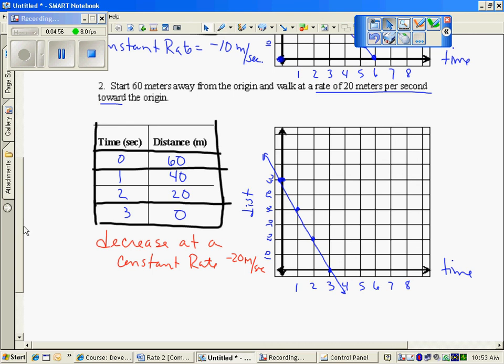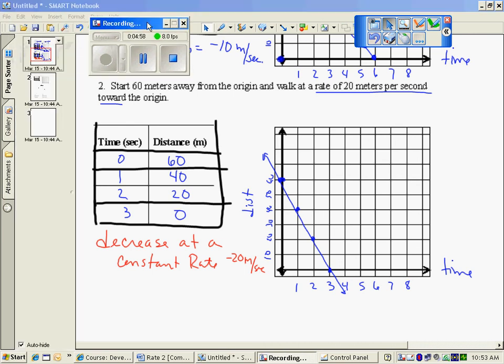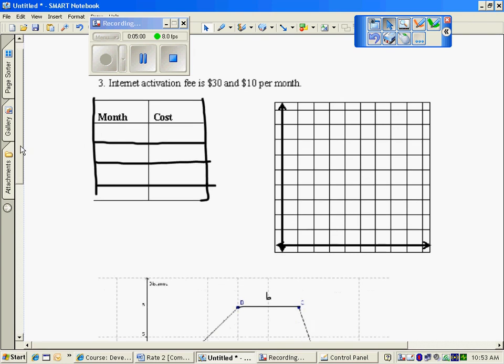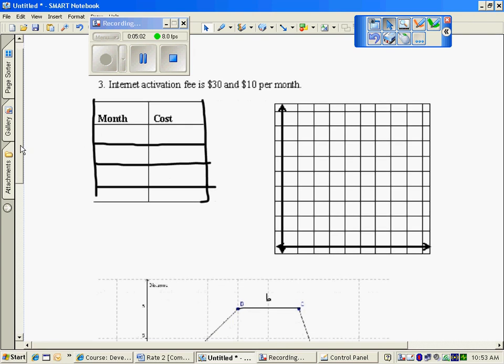Let's try another situation. It doesn't always have to be how fast you're moving. Your rate might be how much it's going to cost you. So my month is going to be my x-axis, it's time, and my cost is going to be my y.